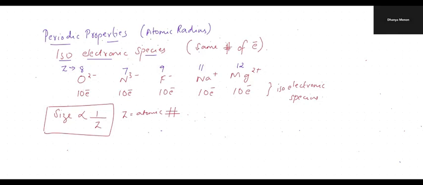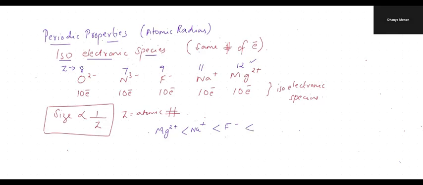Who has the greatest atomic number among these? Magnesium, right? So magnesium ion will be the smallest in size for this series. Next one will be sodium, that is the next higher atomic number. Next one will be fluorine, the next higher atomic number.